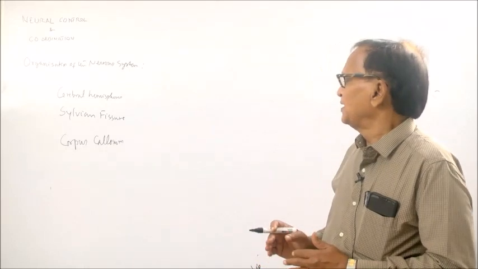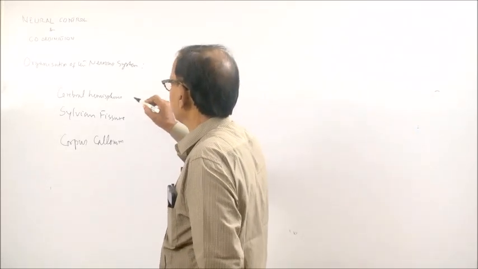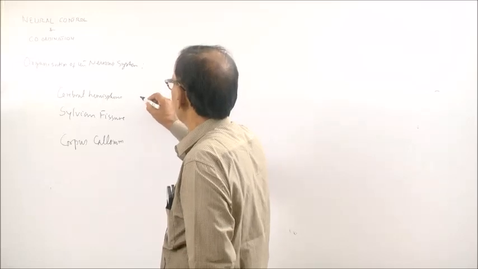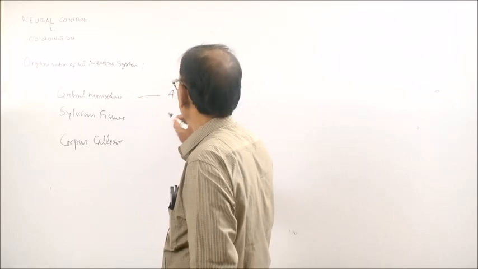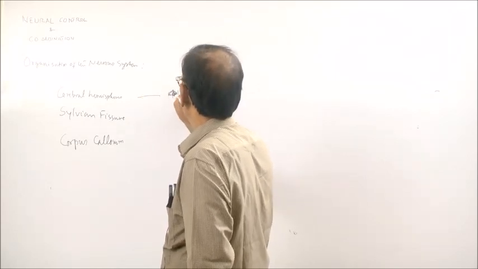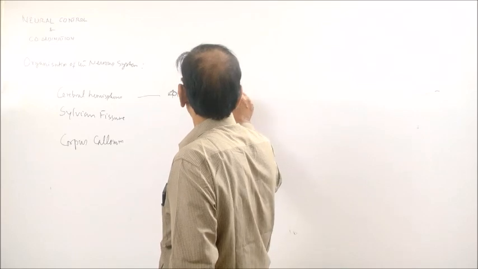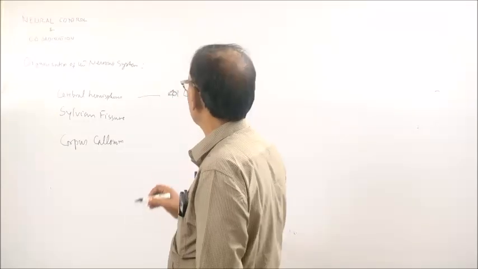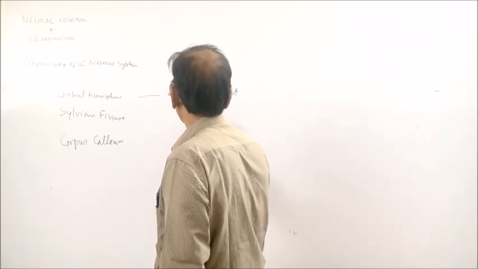Now, each left and right half of the cerebrum consists of 4 lobes. What are these 4 lobes?